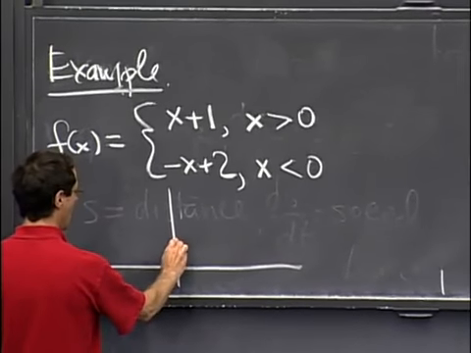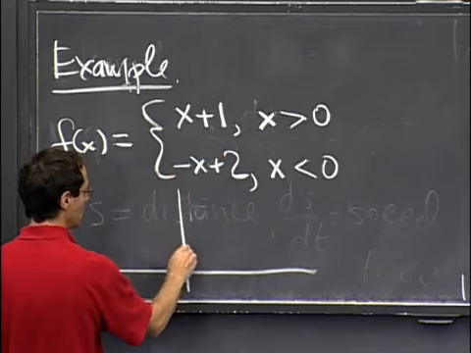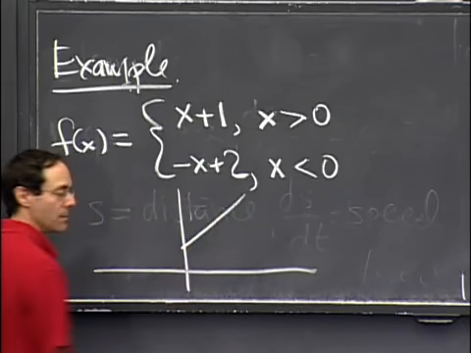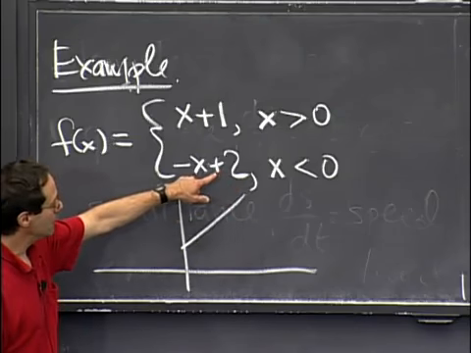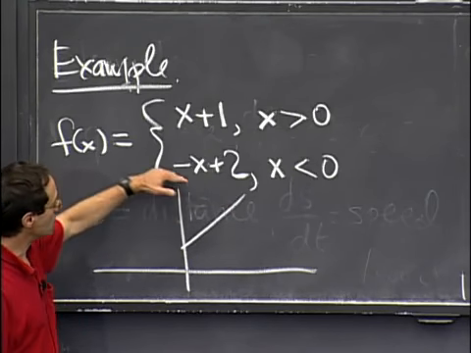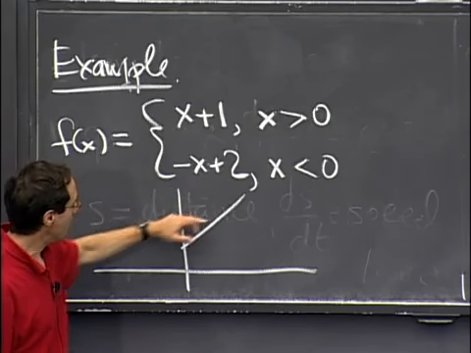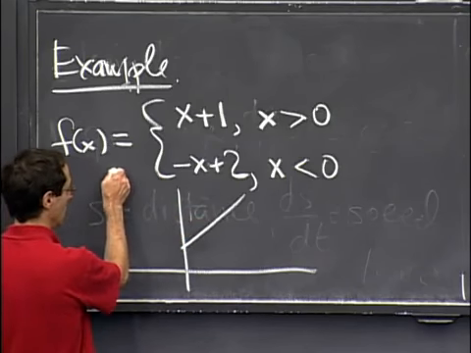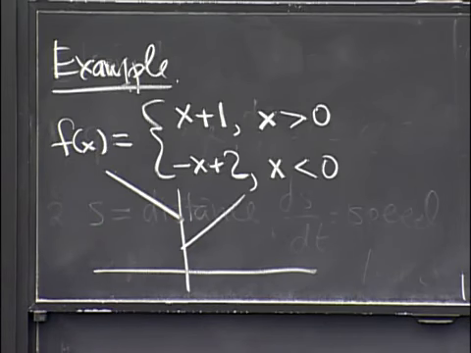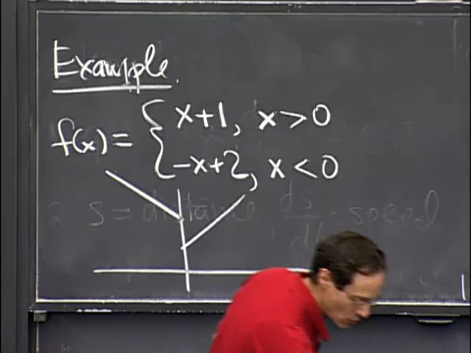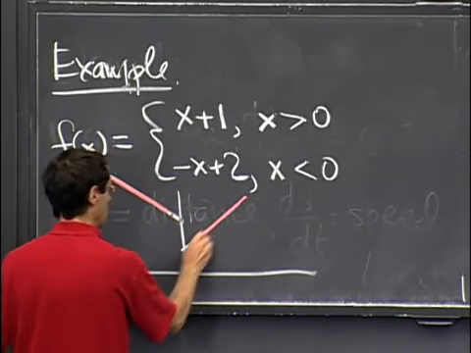So at height 1, to the right, I have something of slope 1. So it goes up like this. All right? And then to the left of 0, I have something which has slope negative 1. But it hits the axis at 2, so it's up here. So I have this sort of strange antenna figure here, which is my graph. Maybe I should draw these in another color to depict that.